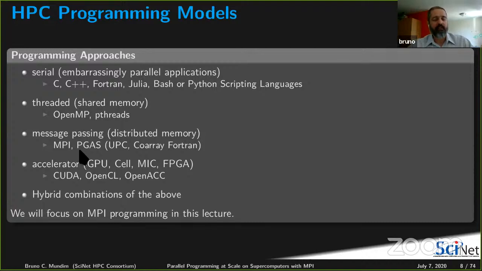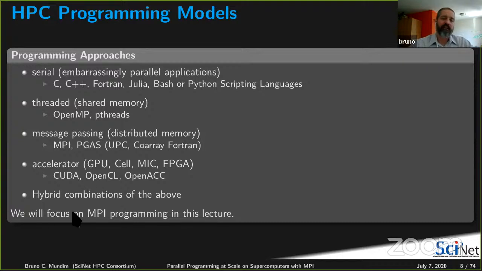Of course, we have other models like partitioned global address space. That is the basis for UPC, an extension of the C language, and the base of co-array Fortran that is now part of the Fortran language. Those are other possible ways to exploit parallelism in a distributed memory system. And of course, for accelerators, you're going to need more specialized languages like CUDA, OpenCL, and OpenACC, which we are not going to talk about today.